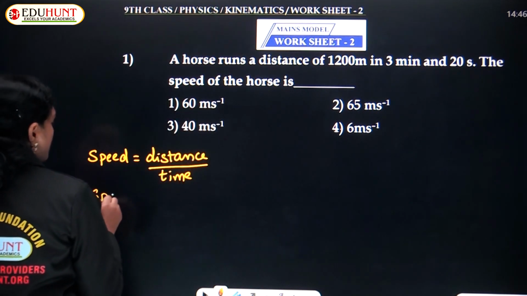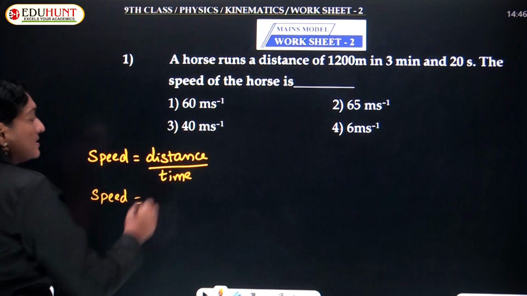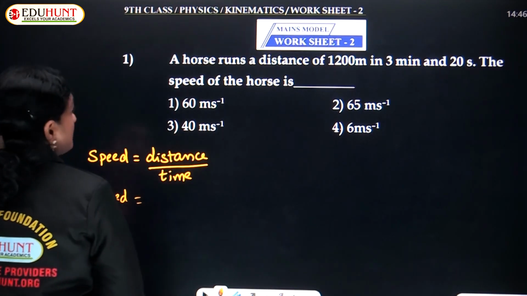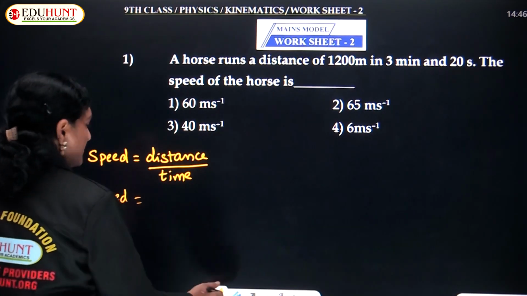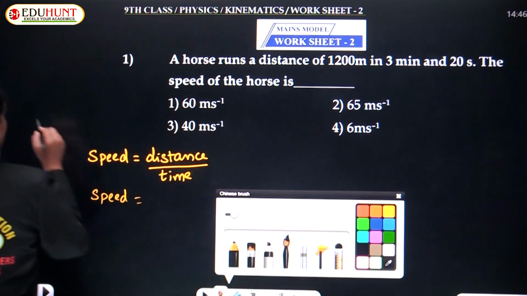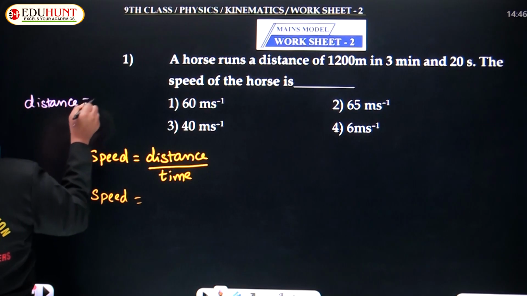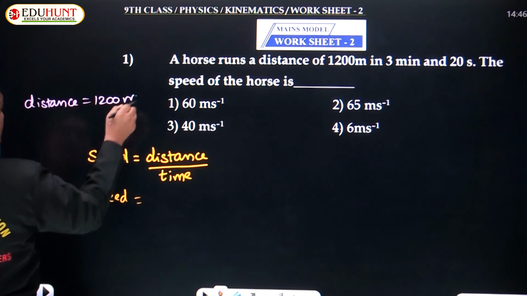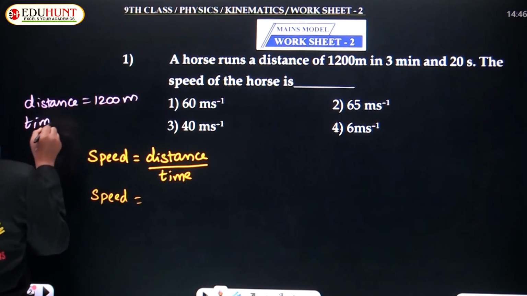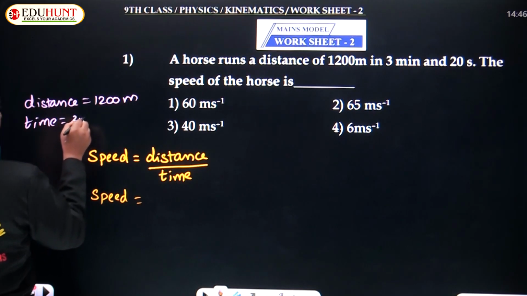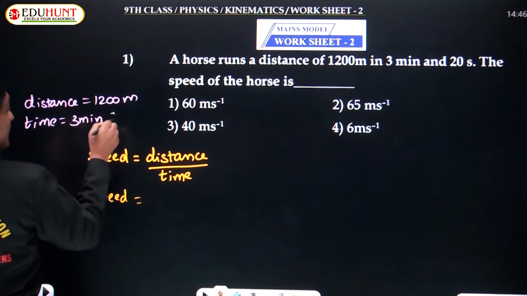Therefore, speed is equal to how much distance has been given, children? Let us first of all write the given data. So here distance was given as 1200 meters and time is given as 3 minutes 20 seconds.